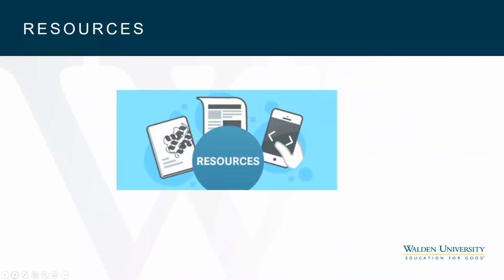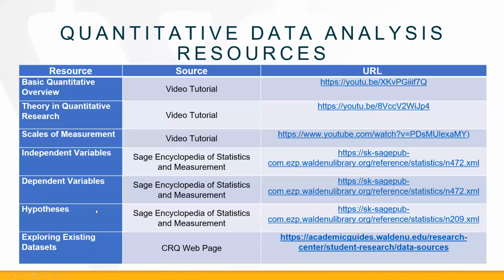Now, we're going to go over some resources that can be very helpful in the quantitative process. You can click on these links when you get the webinar, and this will be a basic quantitative overview. In that resource, I will be talking about the relationship between theory and problem variable, basically predictive variables and dependent variable.